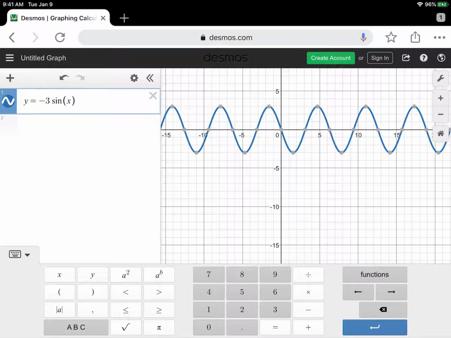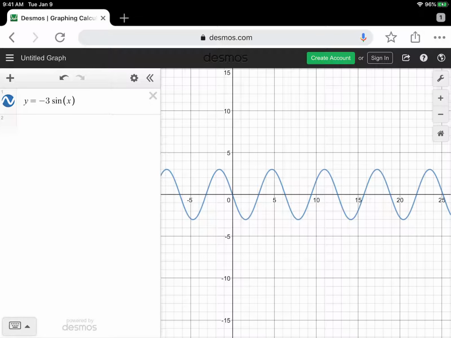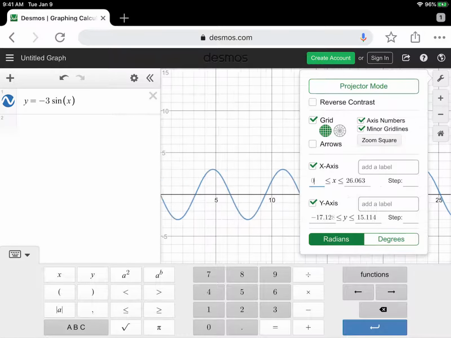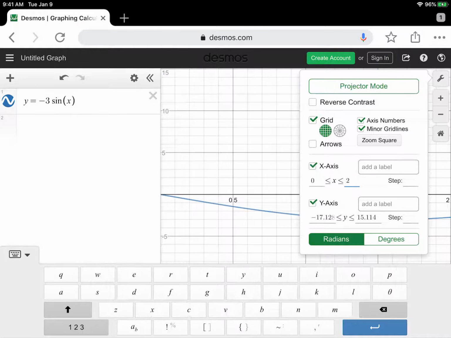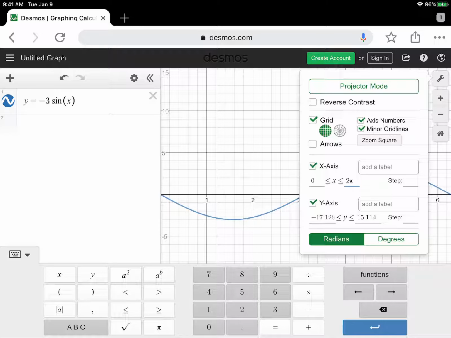Looking here, it's kind of hard for me to compare because of my scale. So I'm going to change my scale to go from 0 to 2 pi, because then it's going to be much easier to compare it to my parent function.